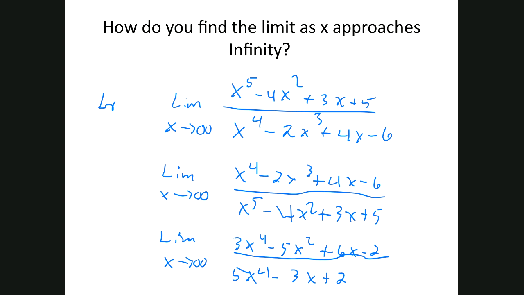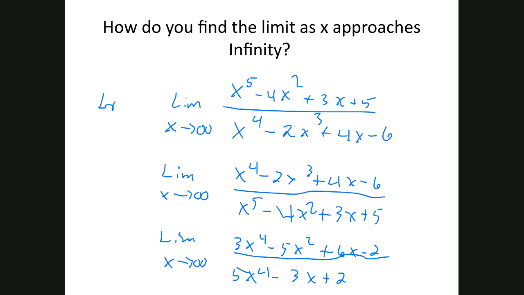Can somebody tell me what the difference of those functions is? They're long, but what is the difference between all of them? Infinity, 0, and 3/5. You're giving me the answers now. Caleb, how did you find those?